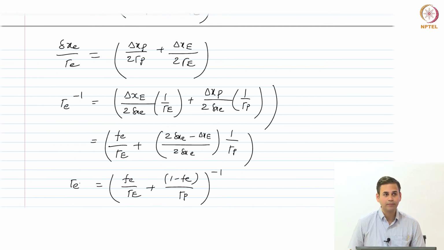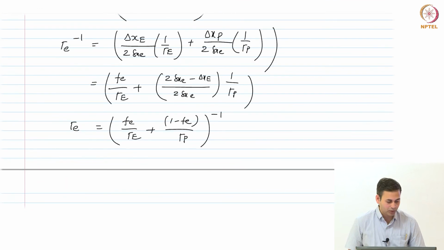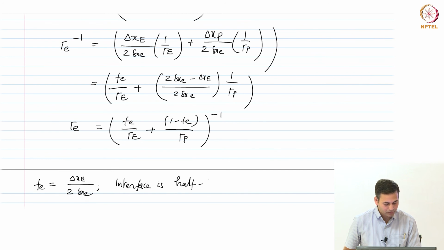So this is my effective diffusion coefficient on the phase in terms of something else, where of course we have defined FE equals delta XE by 2 delta XE. Now let us say my interface is midway, then what would be FE?